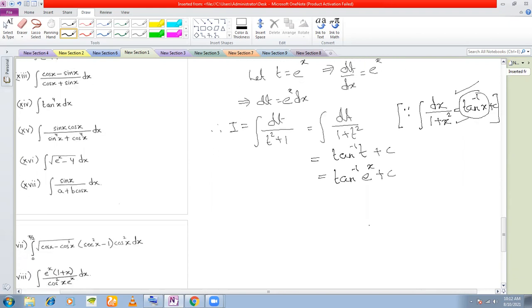But if there were a or any other numeric or algebraic term, the standard formula is integral dx by a square plus x square is equal to 1 by a tan inverse x by a. A here is 1. Okay.